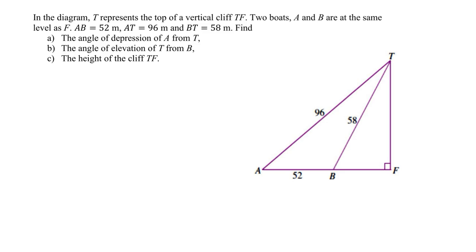So at this point, I'm going to take out a ruler and draw this dotted line. This is what we call the horizontal. Okay, and I will have this as the angle of depression.